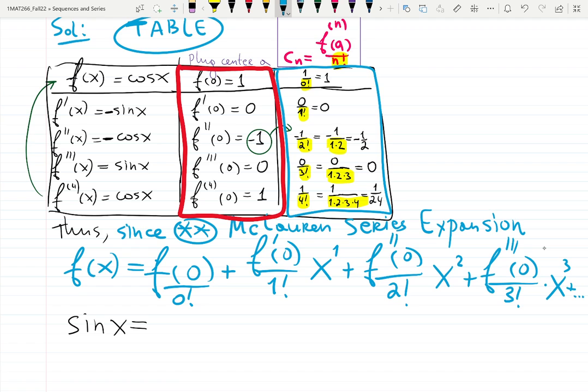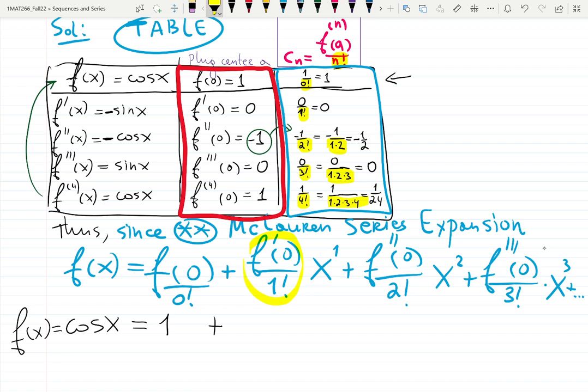F, f prime, f double prime, f triple prime. So the first one will be 1. It comes from the very first row. It's the original. Oh, that's not sine. We're not talking about sine. Duh. We're talking about cosine. We're finding the function cosine, f of x, which we chose to be cosine. It will be just cosine at 0 divided by 0 factorial. That's 1.